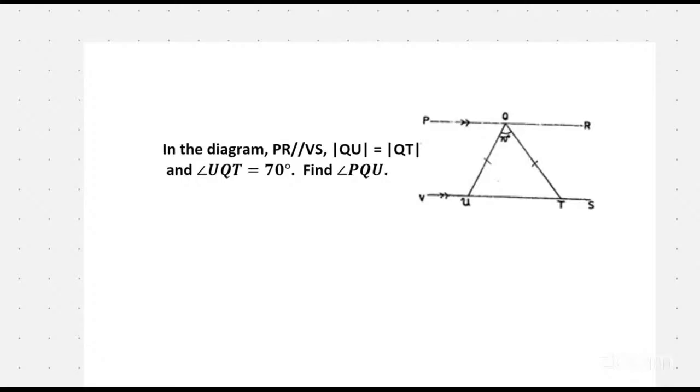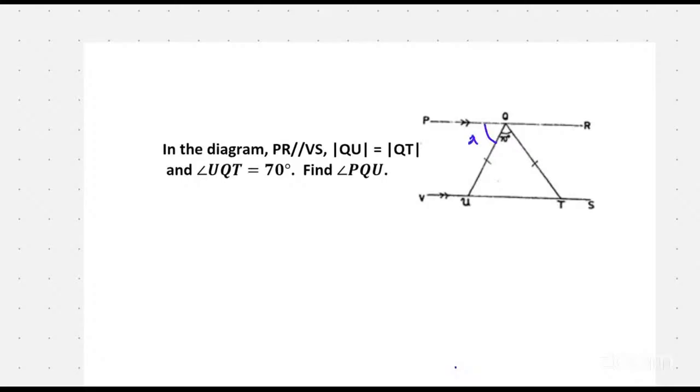Find angle PQU. So the first thing to do every time you want to solve a problem is to identify the problem. So we're looking for angle PQU, and that's this angle here. That's what we're looking for. So let's call that angle A, for instance.